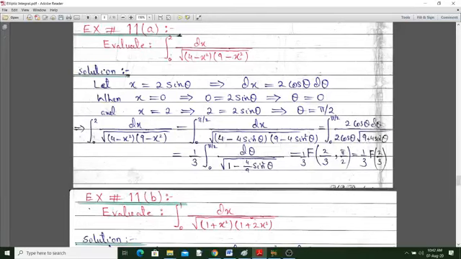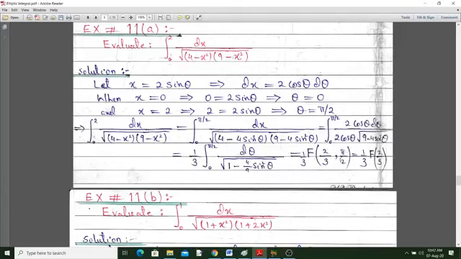But here we have 9, so we take 9 as common. In order to make this expression into an elliptic integral, we get 1 by 3 here, and we get this expression. And what is this? Of course, this is the complete elliptic integral of the first kind. And what is k? K is 2 by 3, and the angle is pi by 2.